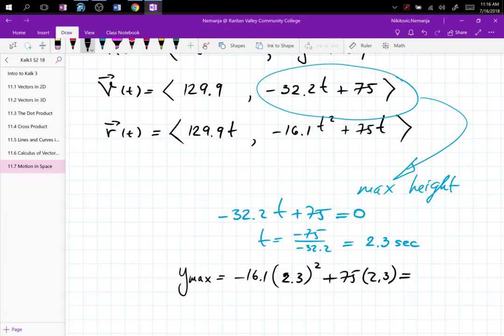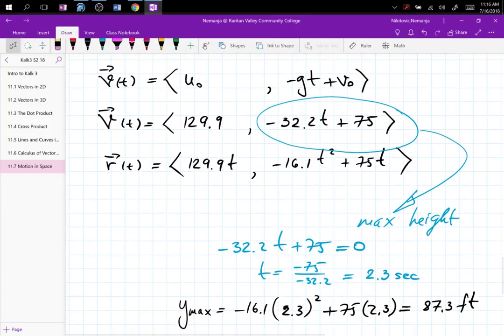So we have negative 16.1 times 2.3 squared plus 75 times 2.3, 87.3 feet. So max height is 87.3 feet.